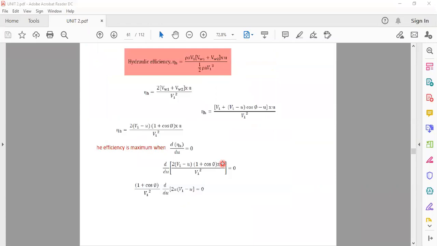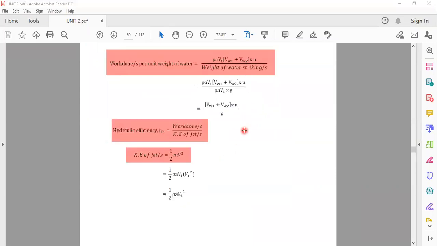So see here, hydraulic efficiency equal to work done per unit weight of water, rho a V1, VW1 plus VW2 into U, per weight of water striking per second. So rho a V1, after simplifying this equation, rho a V1 into VW1 plus VW2 into U over rho a V1 into g.